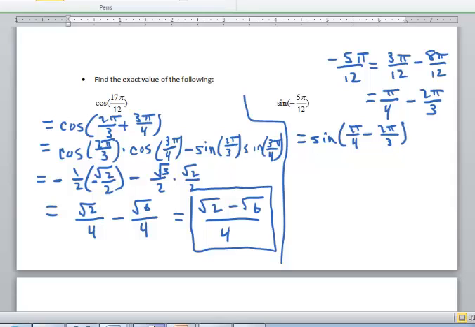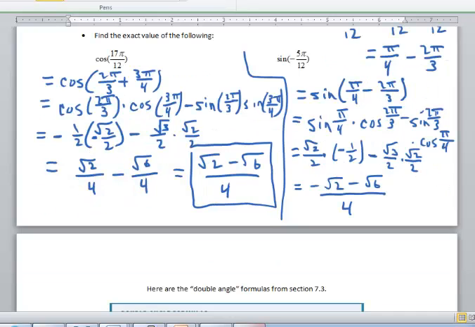And then I would plug into my sine of a difference formula, which tells me that this is the sine of pi over 4 times the cosine of 2 pi over 3 minus the sine of 2 pi over 3 times the cosine of pi over 4. I end up with negative radical 2 minus radical 6 over 4.